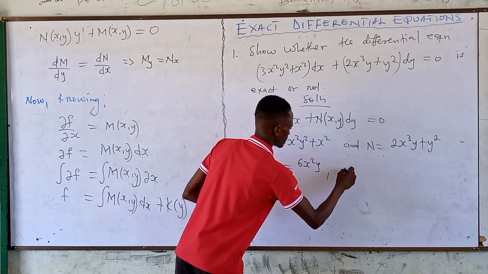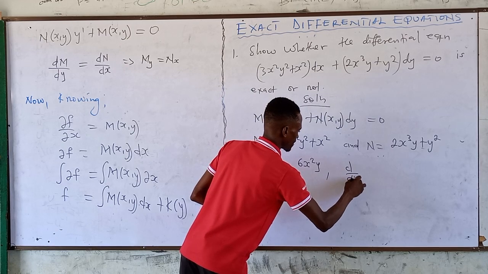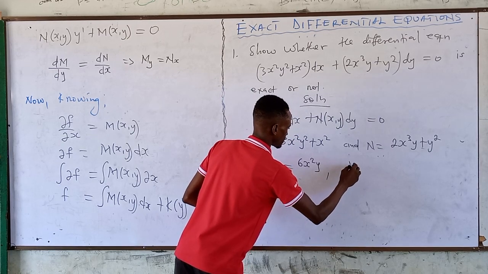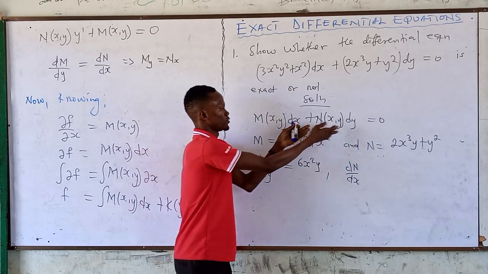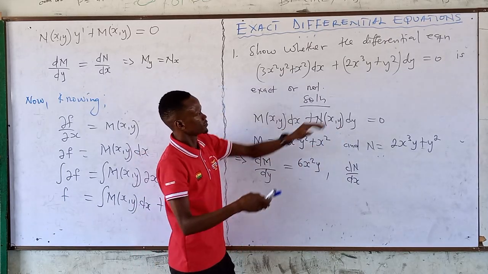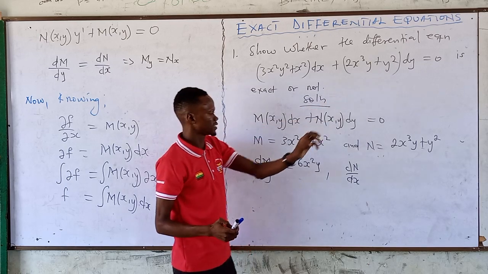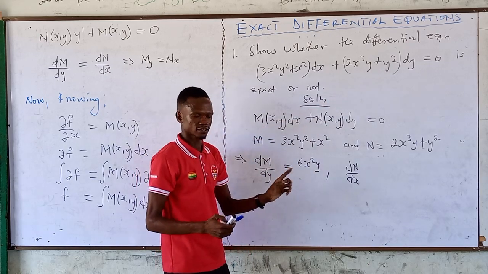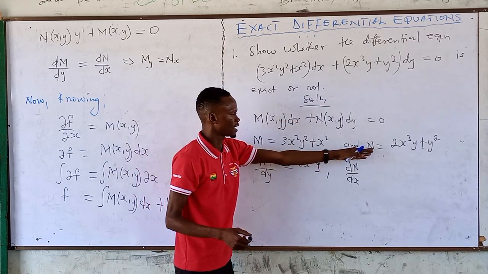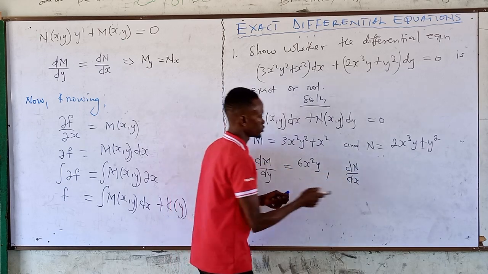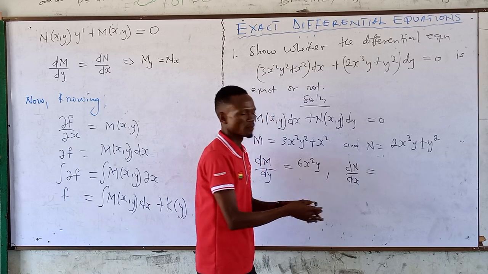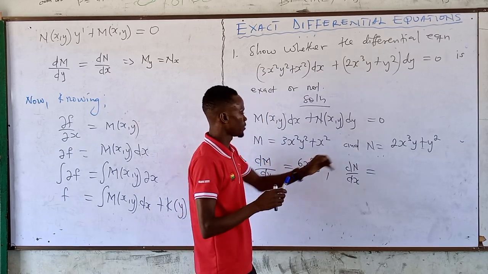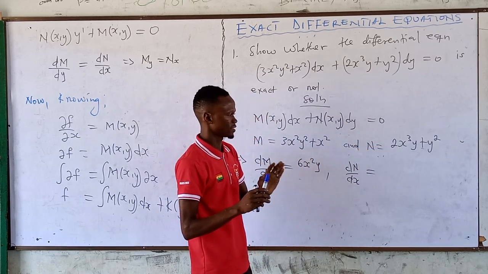And we have the partial derivative of N with respect to x. The one with the dy, which we represented as N, should be differentiated partially with respect to x. So differentiating N with respect to x, we keep y as a constant. Wherever you see y, it is regarded as a constant.